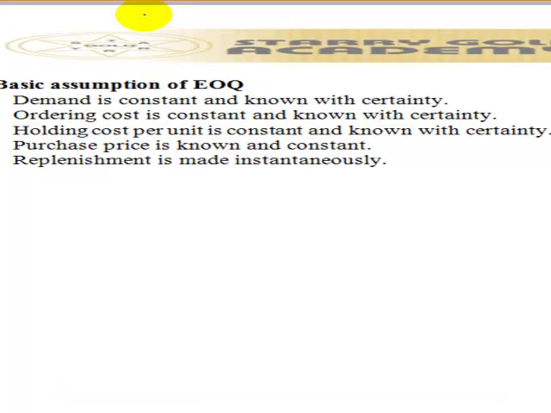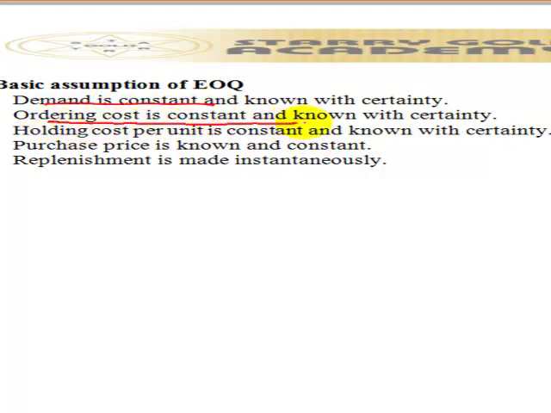Now, moving on, we have the basic assumptions of EOQ. That is, the various things that we have to understand when we are dealing with the economic order quantity. Demand is constant and known with certainty. So it means that we are expected to know the annual demand.